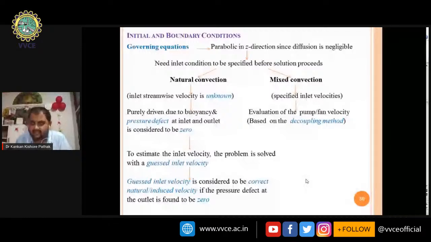We can consider that the mixed convection velocity consists of the forced convection velocity and the natural convection velocity. By the decoupling method, we can find the pump and fan velocity, and then we can easily find the induced velocity also. I am going to discuss those in the next few slides.